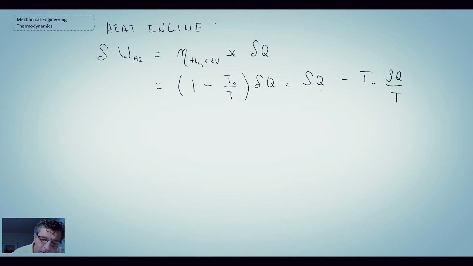Now the first term here, this is heat flow into the heat engine, and it is positive. The second term here, the one with the delta Q over T, this heat is crossing our boundary 1, and consequently it is considered a negative term.